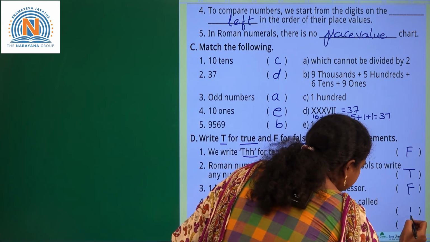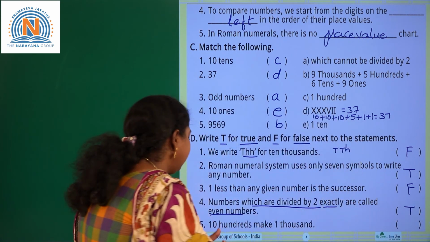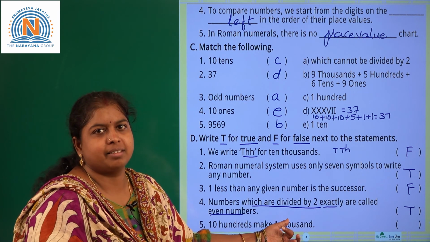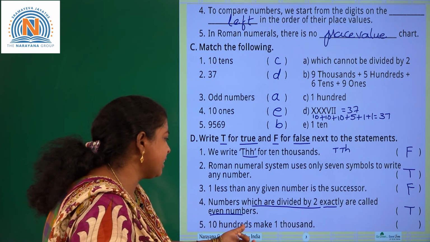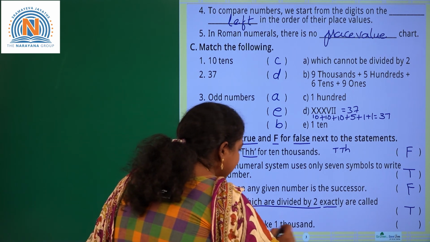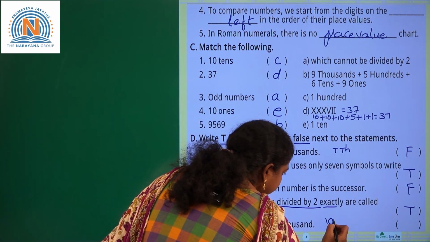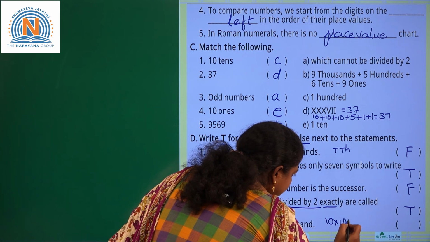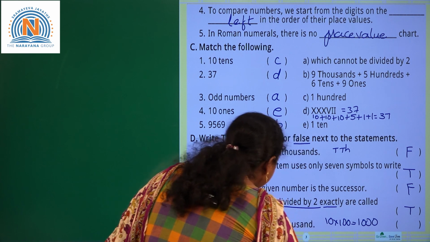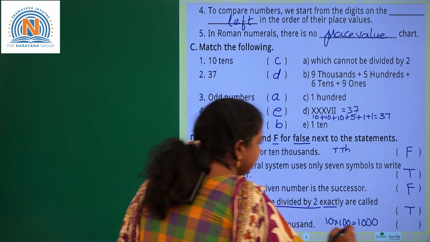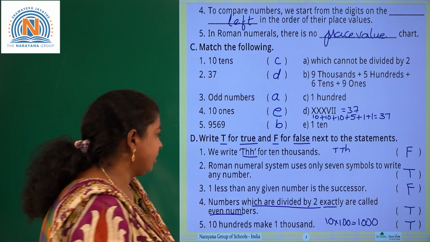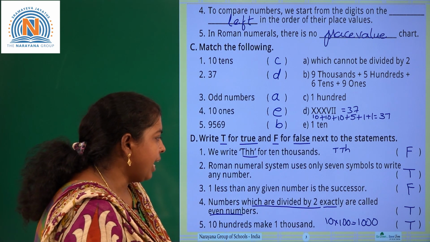This is a true statement. 10 hundreds make 1000. 10 hundreds means 1000. What is 10 into 100? It is 1000. So 10 hundreds make 1000. This is a true statement. Okay children? Right. Like this you have to practice.